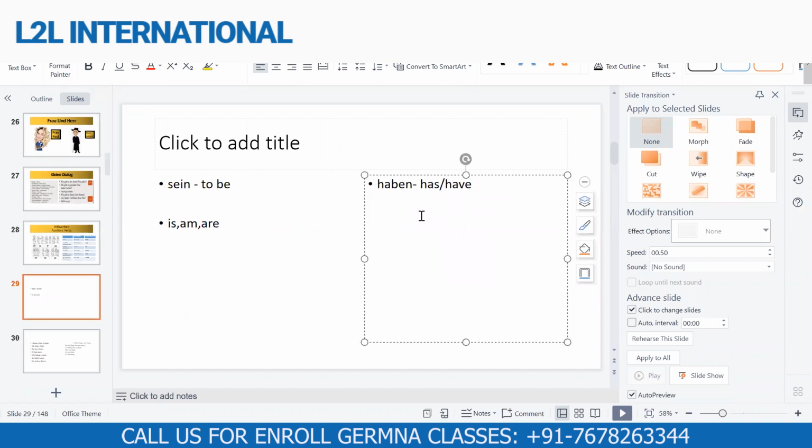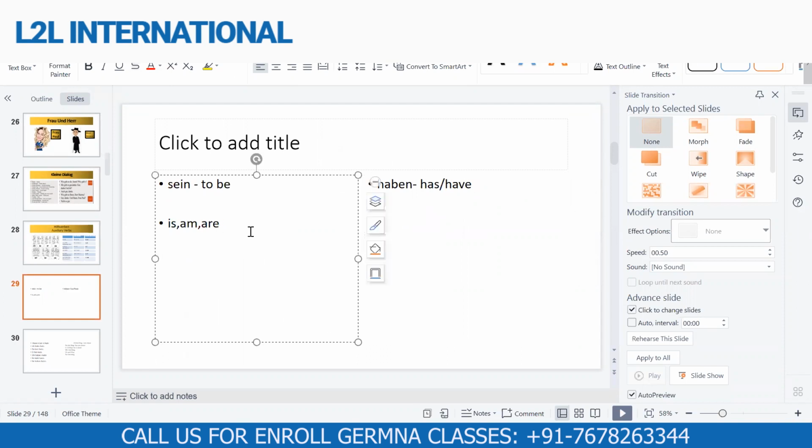Now, let's see how we use it. For example, if I say, I am a student, with I I am using the helping verb am.